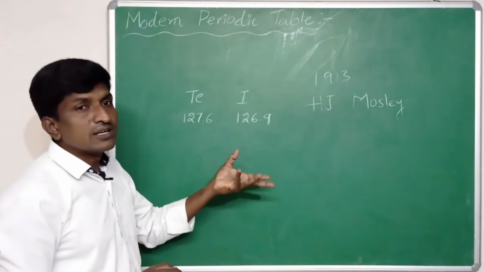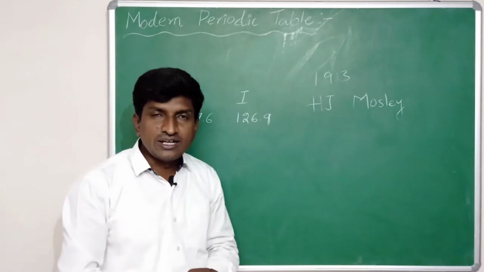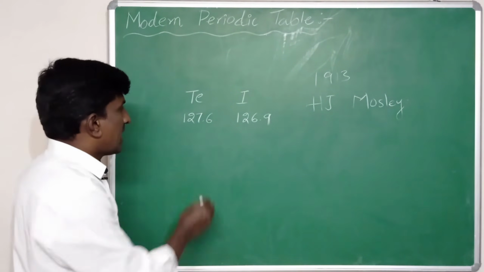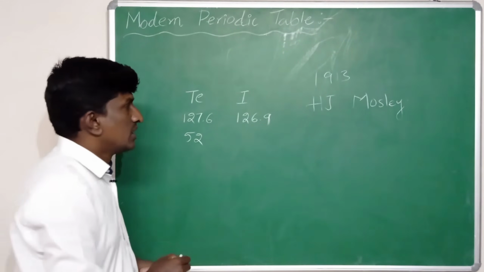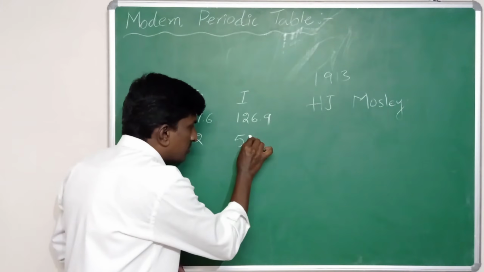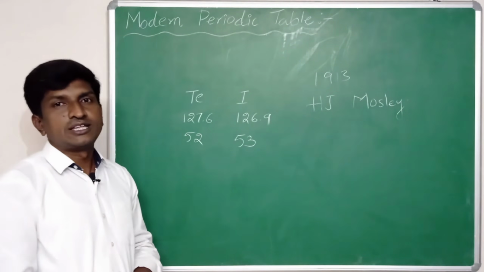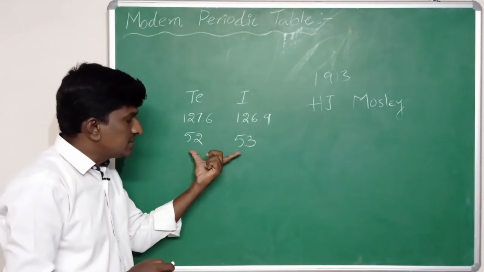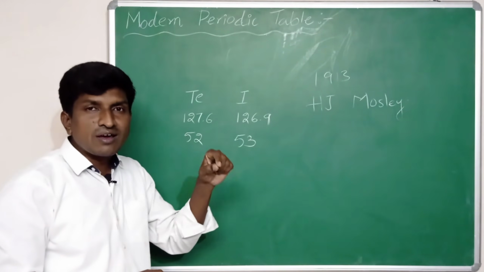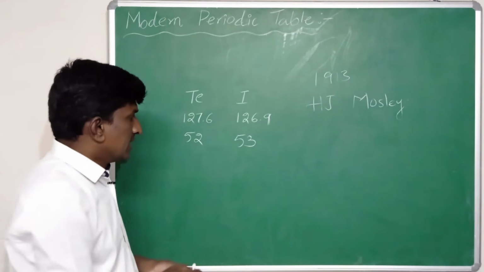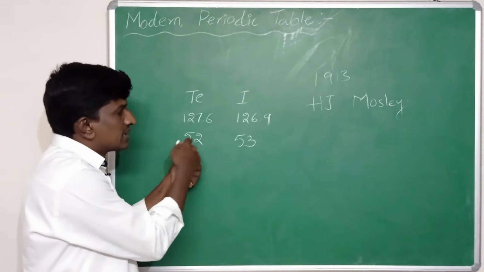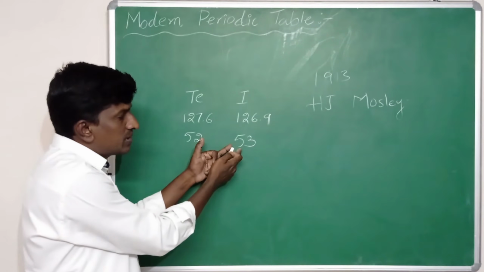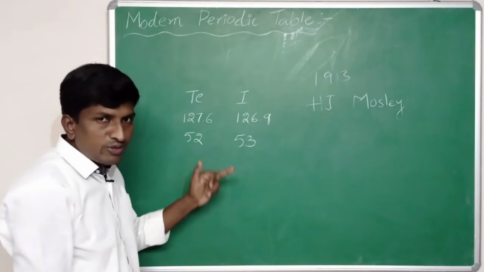After knowing the atomic number, it was recognized that the atomic number of tellurium is 52, whereas the atomic number of iodine is 53. If we arrange these elements based on atomic number, then it is clear that tellurium with 52 comes first, then iodine with the higher atomic number, 53.